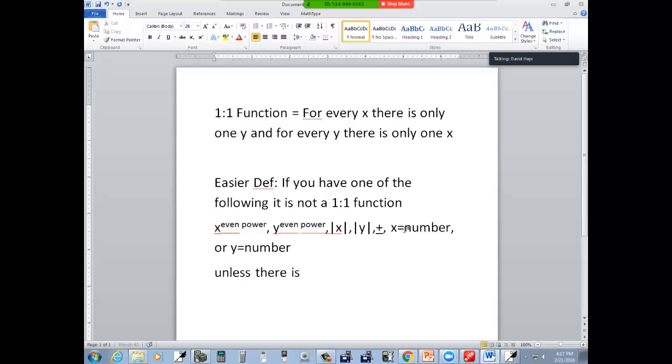Unless there is a condition put on x. Example, we got y is equal to x squared. Normally that would not be a one-to-one function, but if we put a condition saying where x is greater than or equal to 0, then that makes it a one-to-one function. I see, because then it's only on the right side of the Cartesian plane.